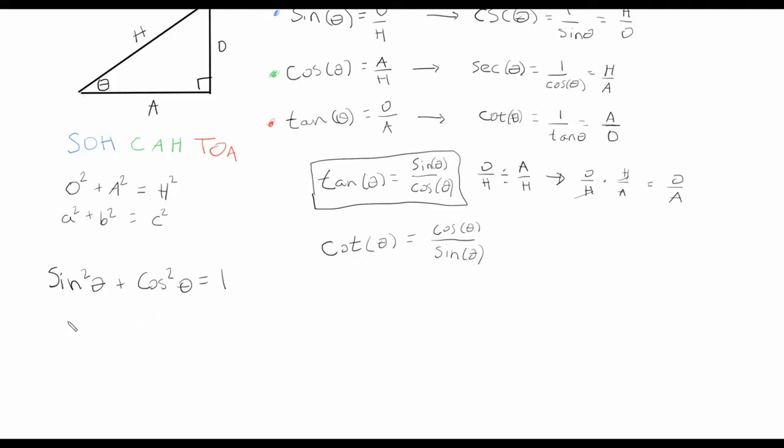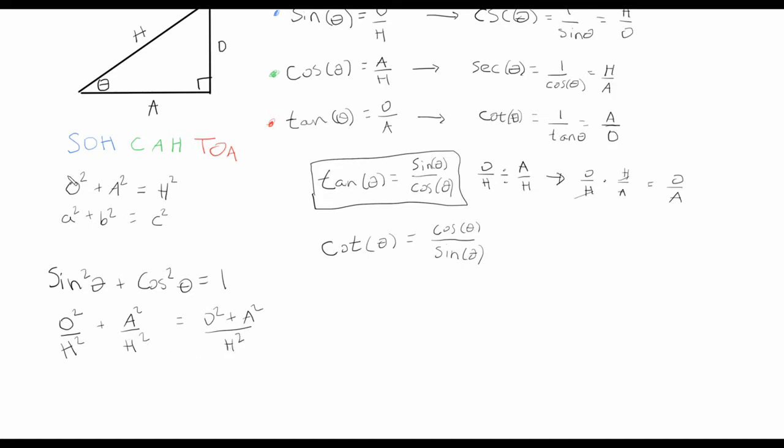We think of sine as opposite over hypotenuse, and we're squaring it, so we square the top and bottom. Plus cosine is adjacent over hypotenuse, so we square the top and bottom. If we add these up, the bottoms are the same, so we get o squared plus a squared over h squared.